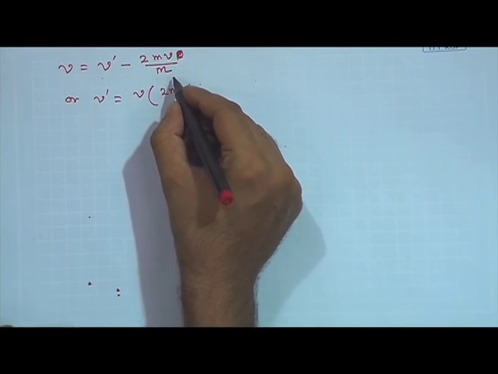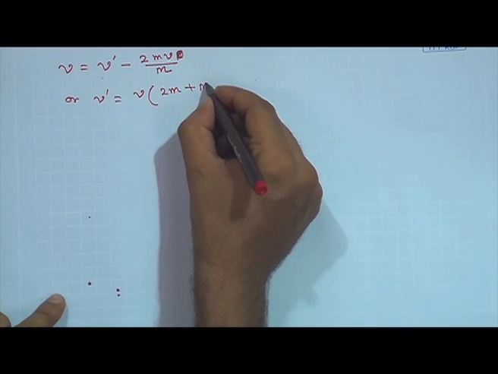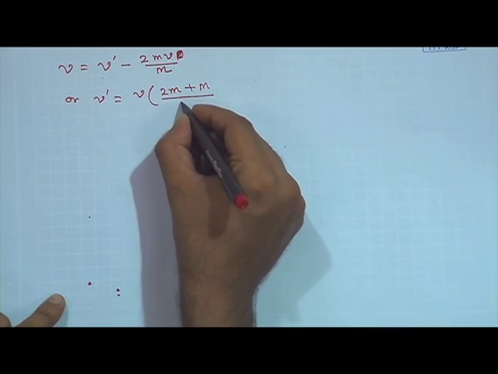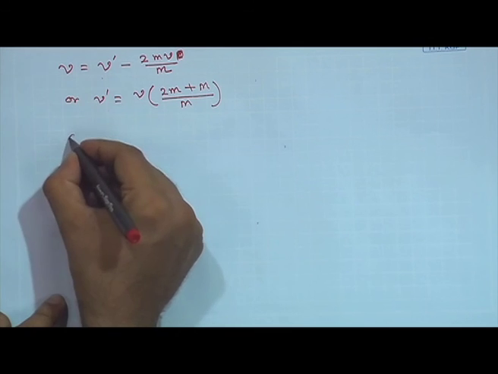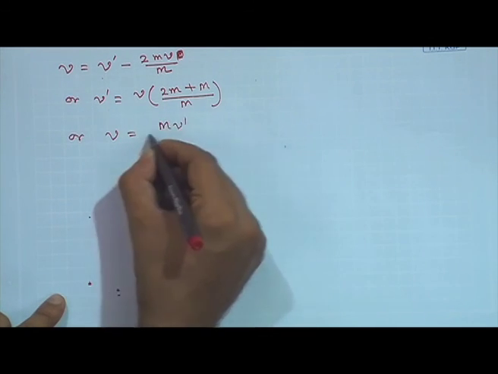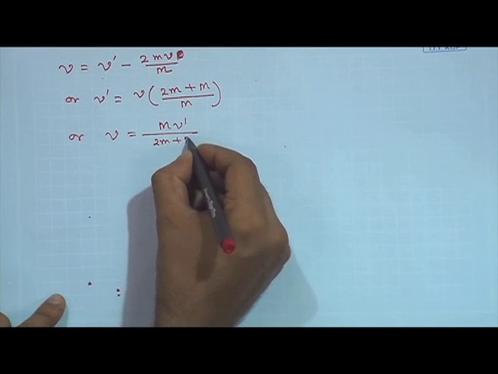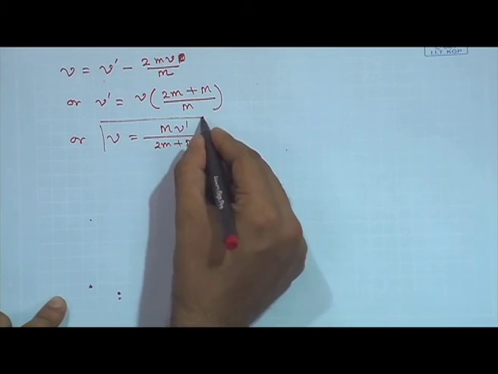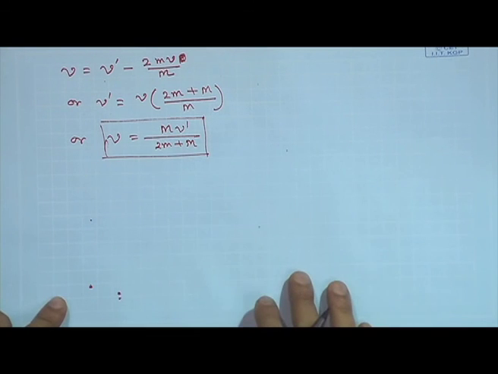So it will be 2 m plus M divided by M. So you get v is equal to M v prime by 2m plus M.